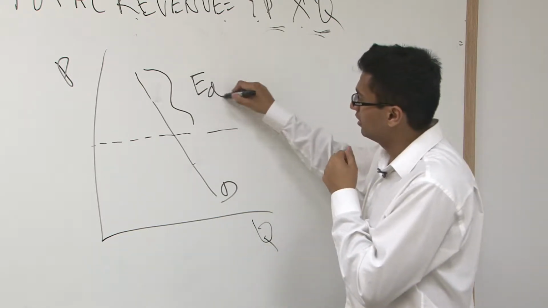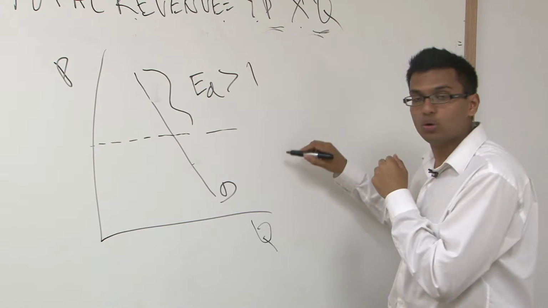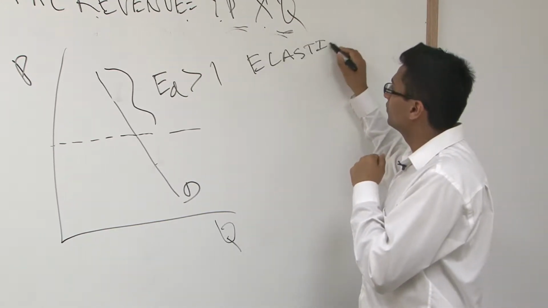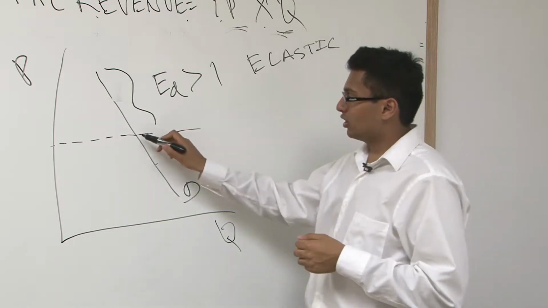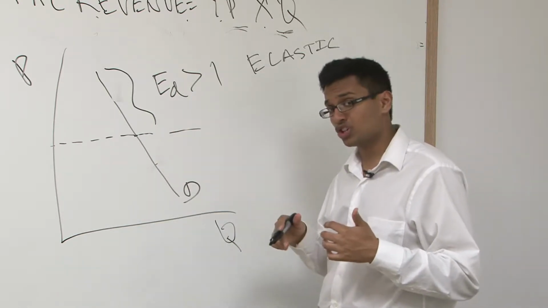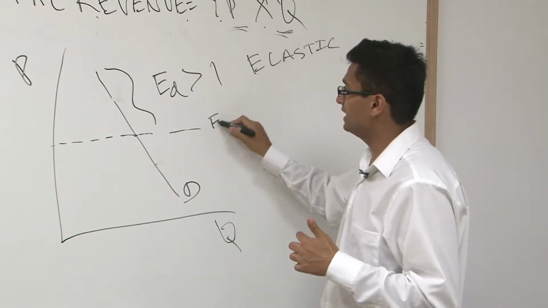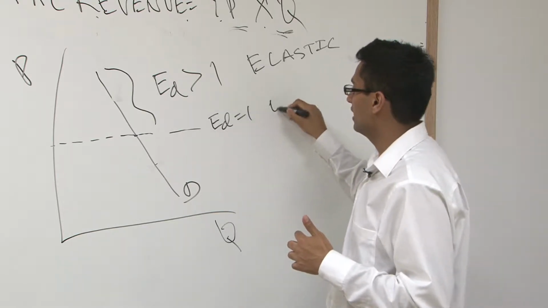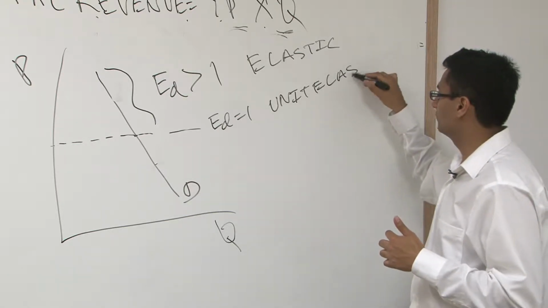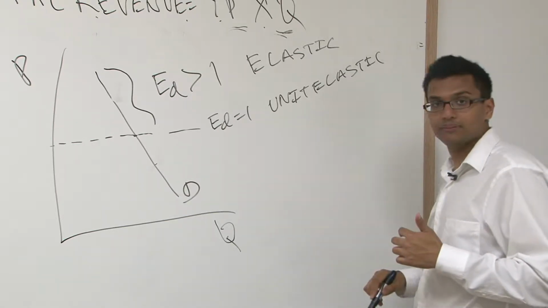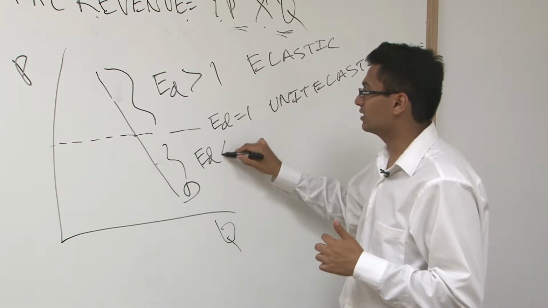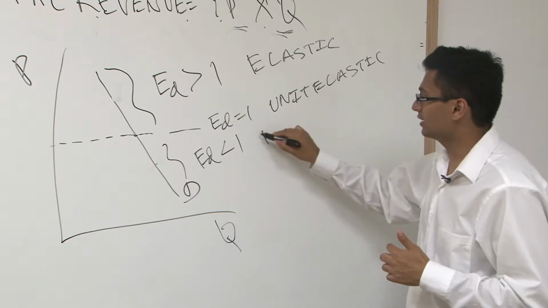ED here is greater than 1, or it's elastic. Right here, when my price change and the quantity demanded change are equivalent to each other, what's going to happen is that my ED is actually equal to 1, and it's unit elastic. Okay? What's going to happen here, you can probably guess this one, my ED is less than 1, and it's inelastic.